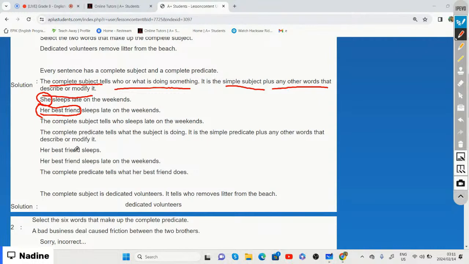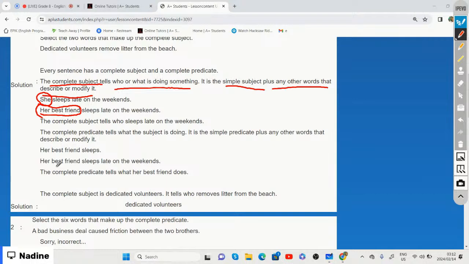So we see that a complete subject can either have one word that tells us who or what is doing something, or more than one word that tells us who or what is doing something.